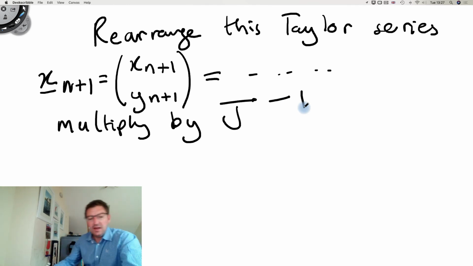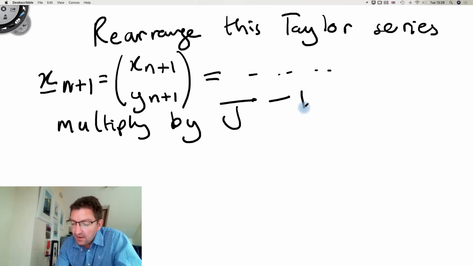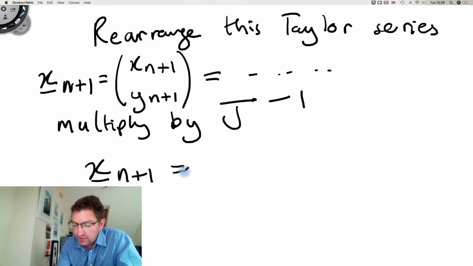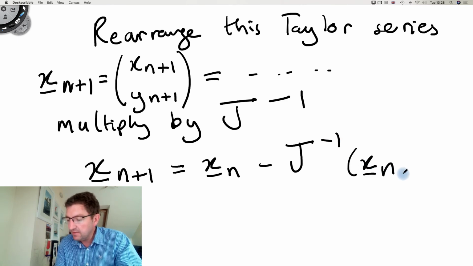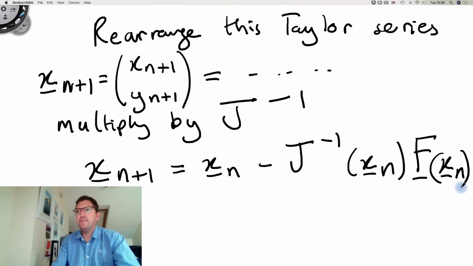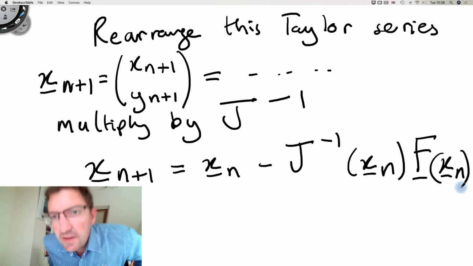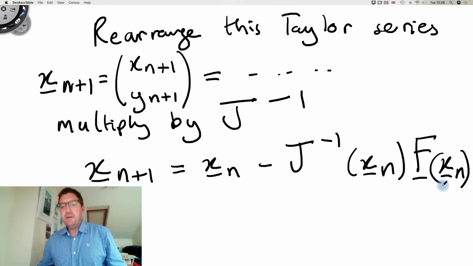And then that will give you this expression, which is x vector n plus 1, so that contains x and y, equals x vector n minus the inverse Jacobian of x of n times f vector x of n.